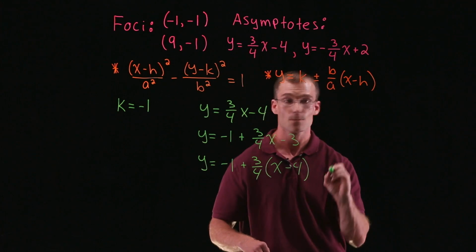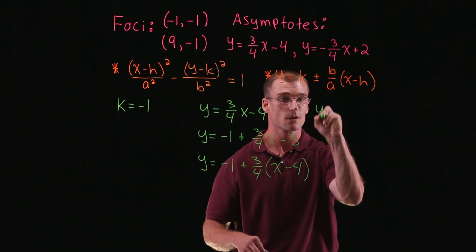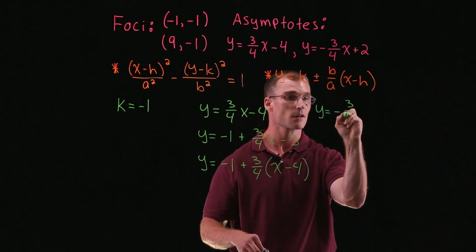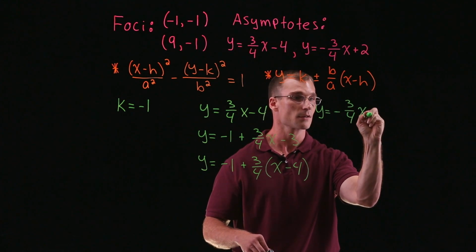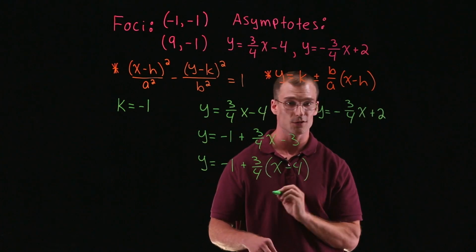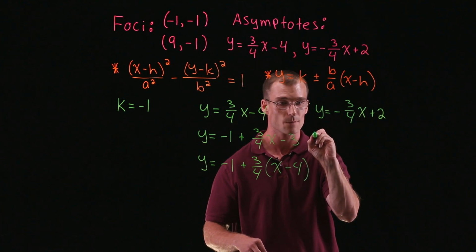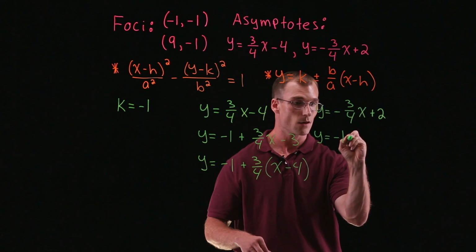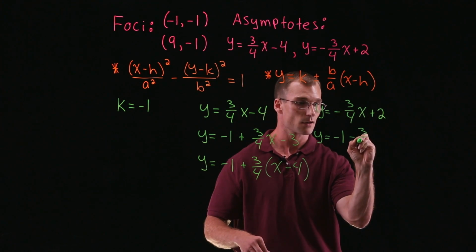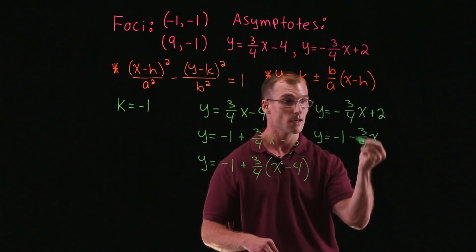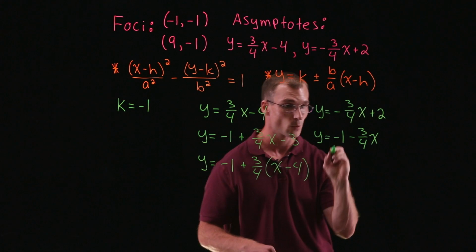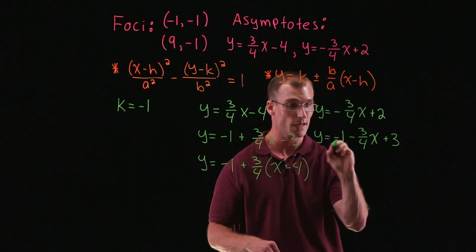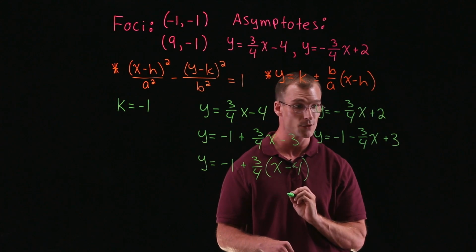So let's do that. We have our other asymptote, y equals -3/4 x plus 2. We'll do the same thing and try to build it into the standard form. So we'll write this as y equals k, or -1, minus 3/4 x. To keep the equations the same, we have a -1 here, so we make this a +3, and -1 plus 3 gets us back to 2.